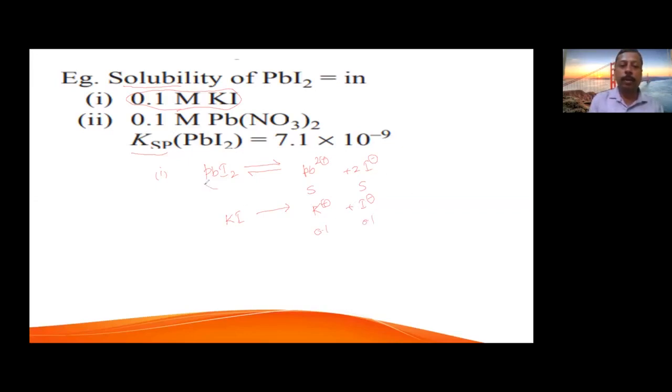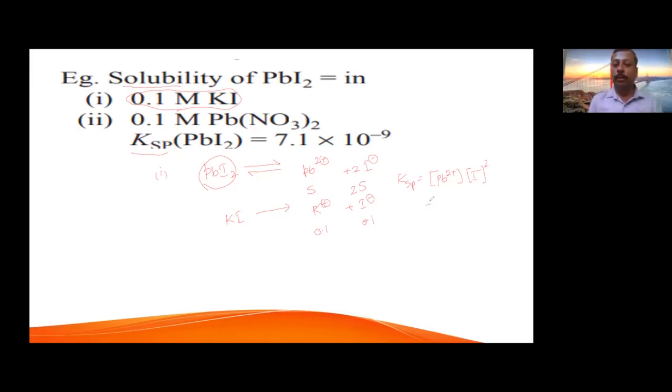Now for PbI2, the KSP formula will be KSP is equal to concentration of Pb2+ into concentration of I minus to the power of 2.